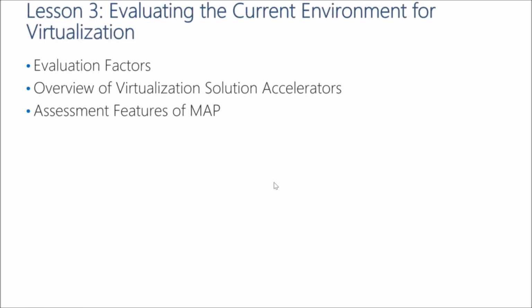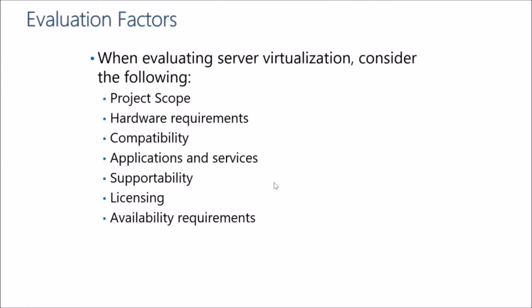Evaluating the current environment for virtualization. This is really talking about migrating existing traditional servers or a network to one that's highly virtualized. So when evaluating server virtualization, consider the following. The project scope: what's included in the project, and what's not included.